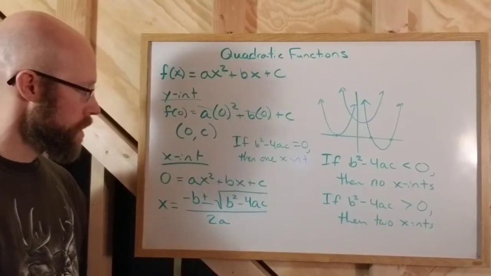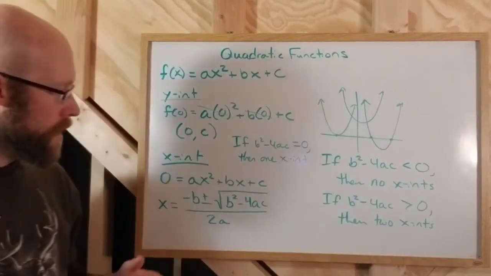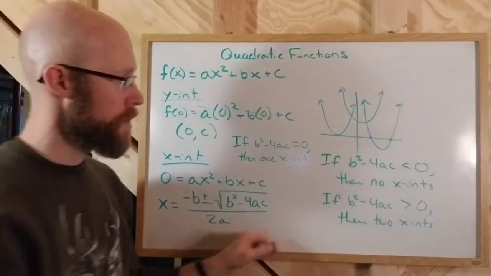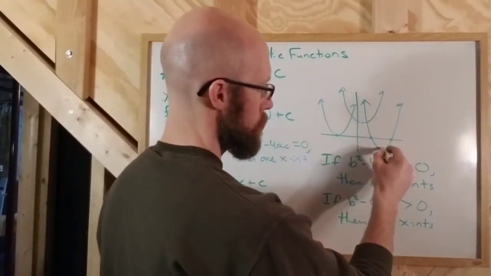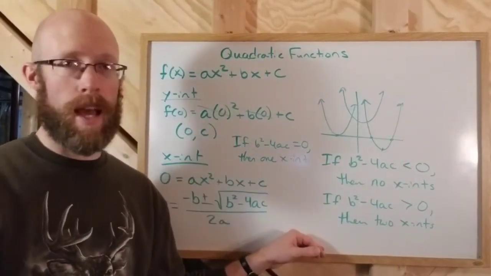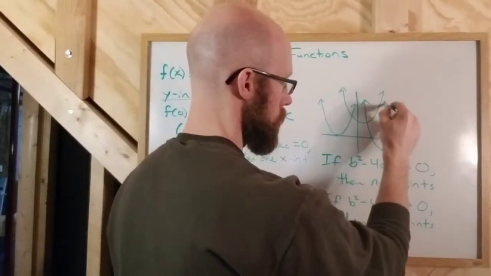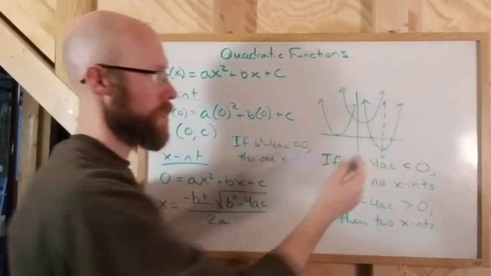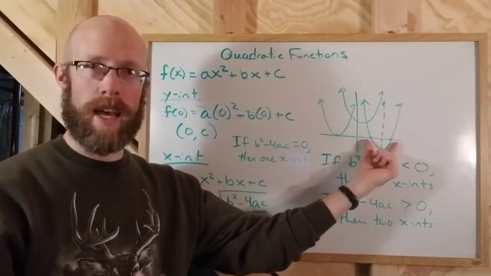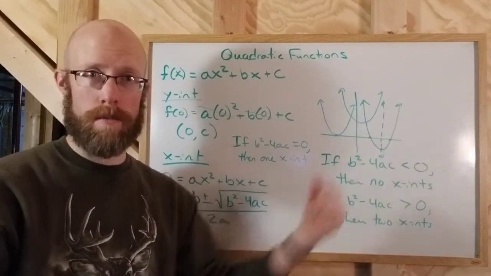Now, what's interesting is that if you had two x-intercepts, then the vertex would be halfway in between them. In fact, the axis of symmetry, which goes through the vertex and cuts the graph in half, must be exactly halfway between two symmetric points, including the x-intercepts.